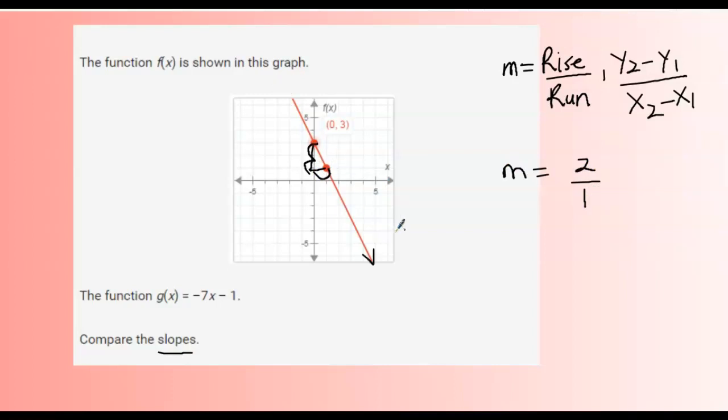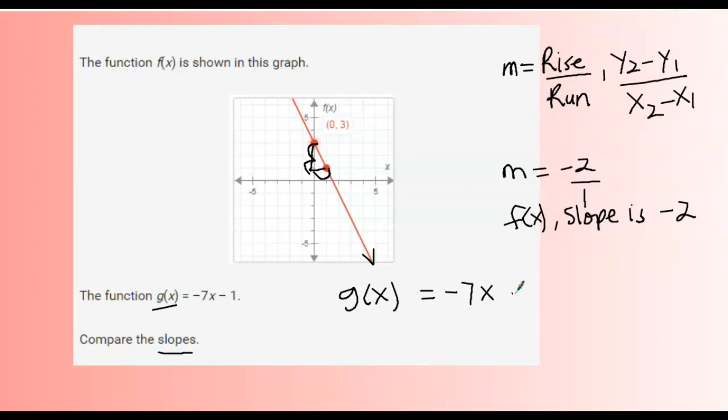But the line is going down the hill, so it has to be negative. So in this situation, the slope of f of x is -2. We come back to g of x. g of x is equal to -7x minus 1. Another name for g of x is y.